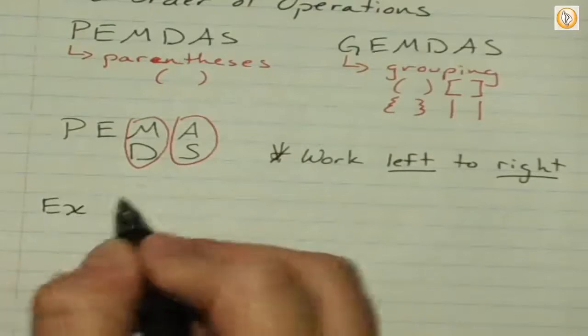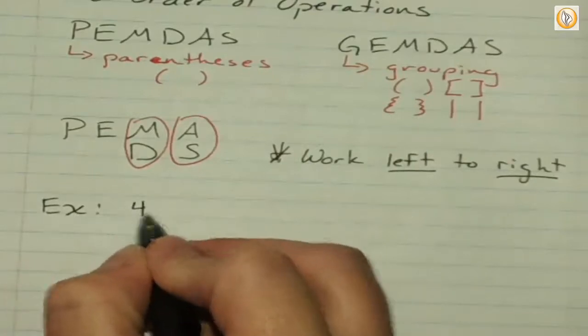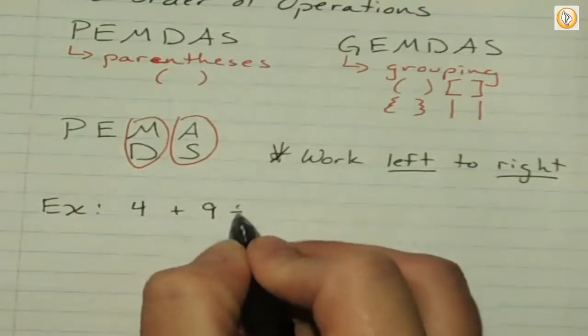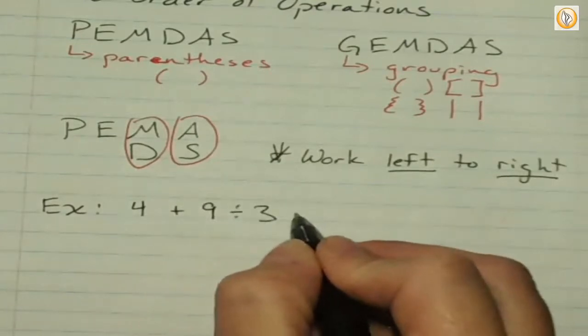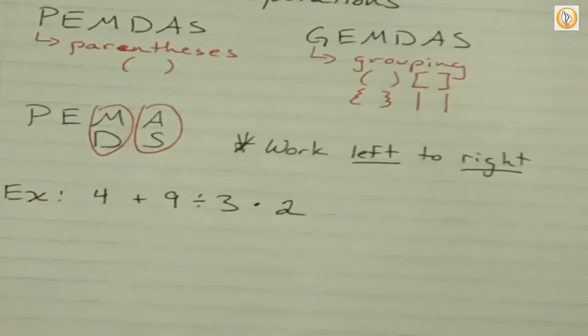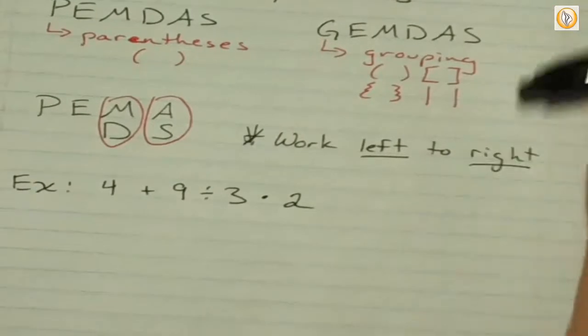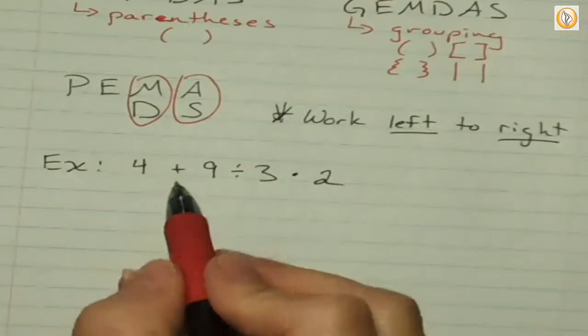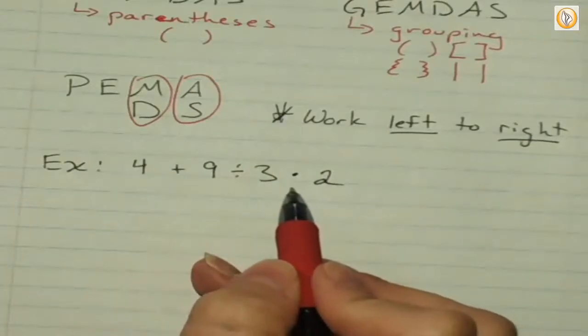For example, 4 plus 9 divided by 3 times 2. Cecilia, I have a plus sign, a division sign, and a multiplication sign.